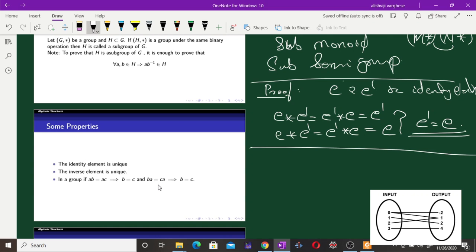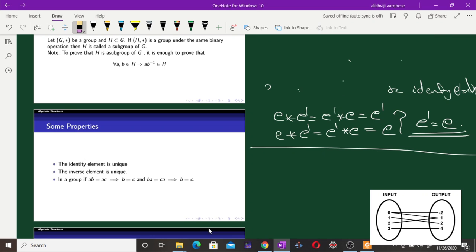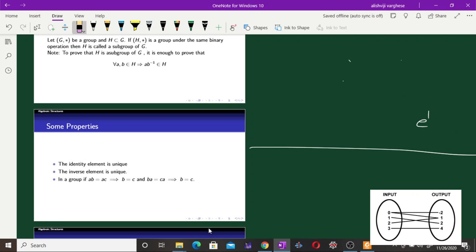Now, if we have a group and an arbitrary element, say A, then A has only one inverse in the group G. If it has an inverse at all, then it is unique.